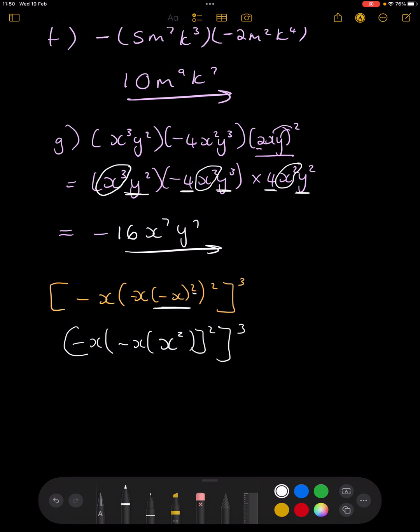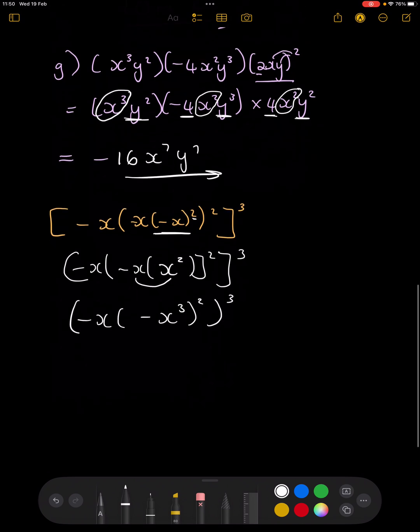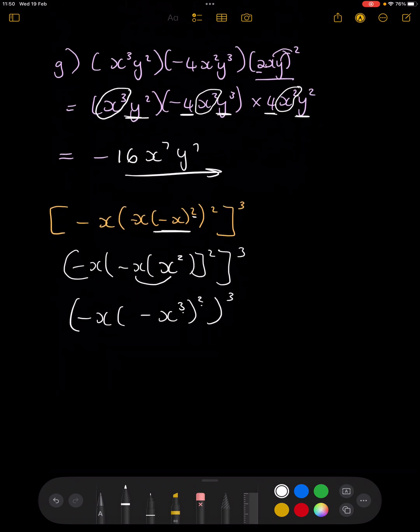Now what I can go and do is I can multiply those two together to give me negative x to the power of 3. I can now bring those exponents in. Because that is an even number, 2 is an even number, that negative is going to disappear.